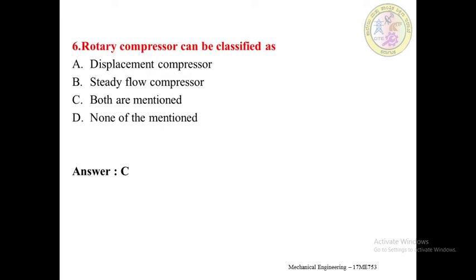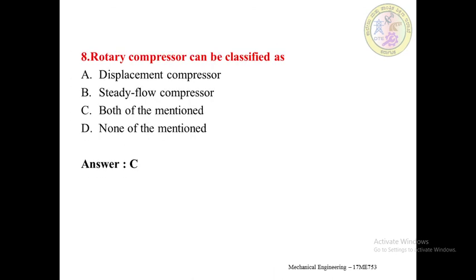Question number 6: the rotary compressor can be classified as displacement compressors, steady flow compressors, both of the mentioned, or none of the mentioned. The answer will be C. Why? Because the rotary dynamic compressors continuously compress the air and provide a steady flow, and it is a positive type of displacement compressor.